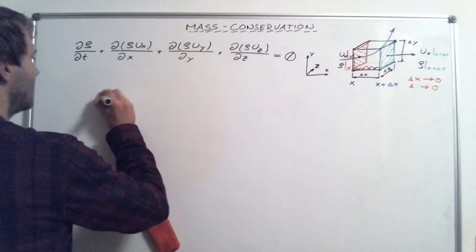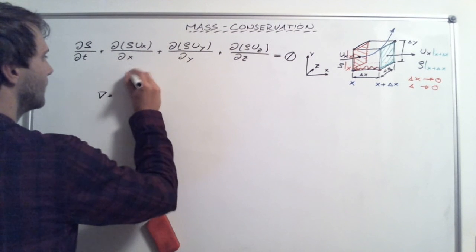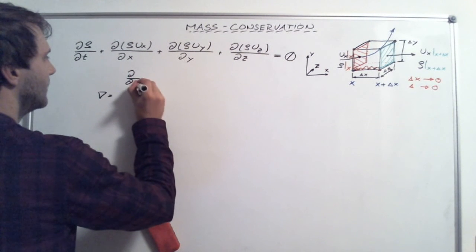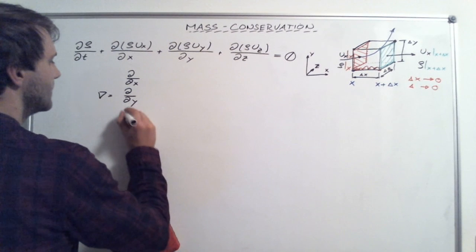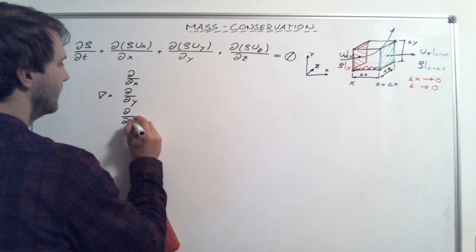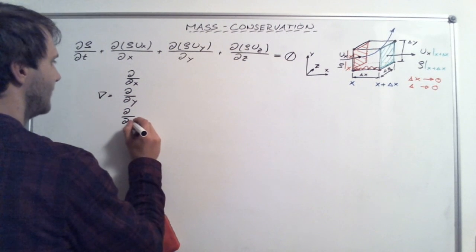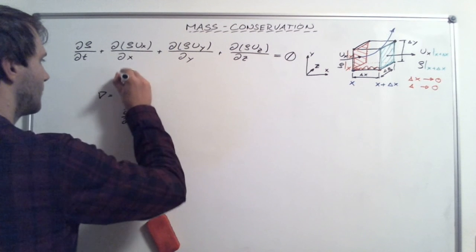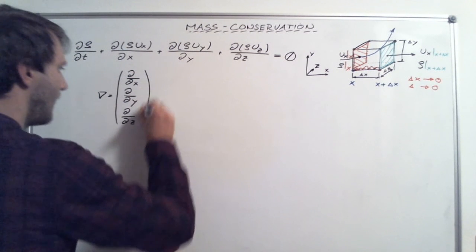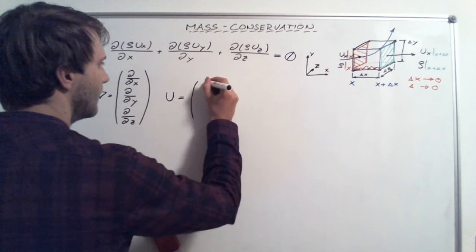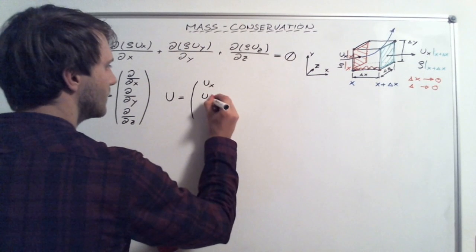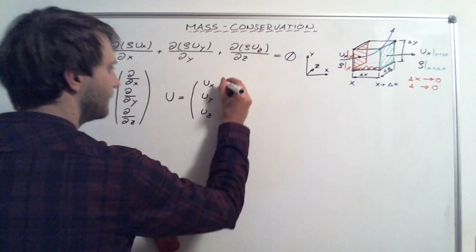And I just want to introduce the Nabla operator. That simply contains the three derivatives in space of x, y and z. And I introduce the velocity vector that has the components in x, y and z direction.